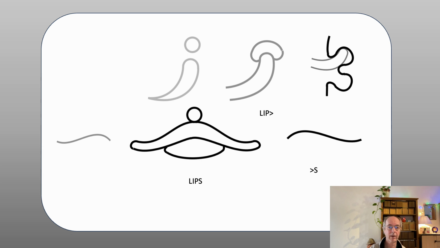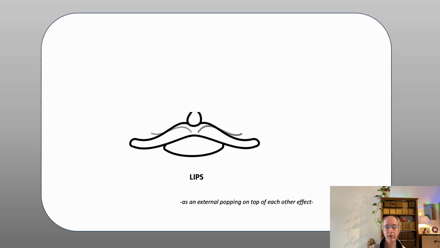We have the lips as we know them. These are the lips. Then this form fits also with the letters. It is this external popping out on top of each other, with that kind of effect it creates. Those are the lips.